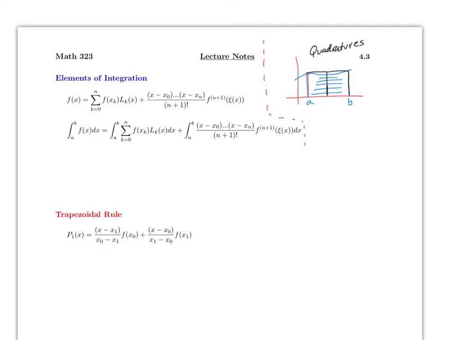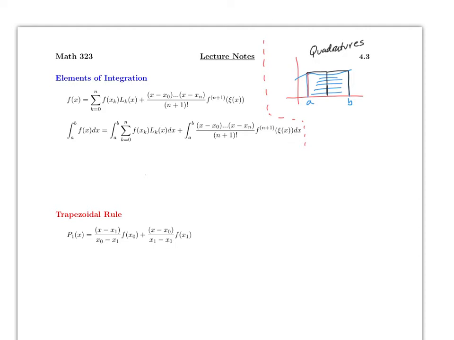In calculus 1, remember you let the length or the base go to 0, and then we call this the Riemann sums. But just like in numerical differentiation, we cannot really go to infinity or to 0, or as n goes to infinity. So we had to come up with different methods to find the best possible area or integral.